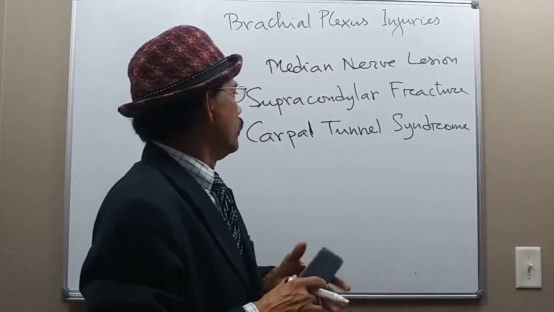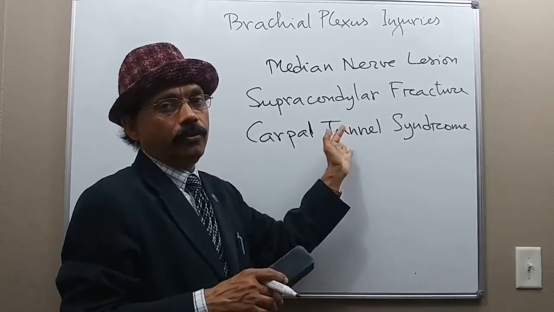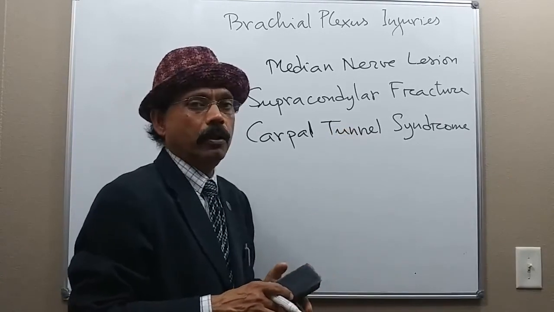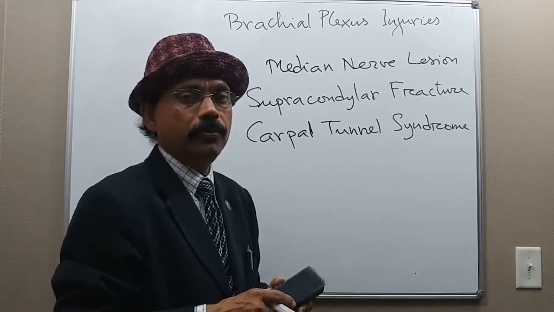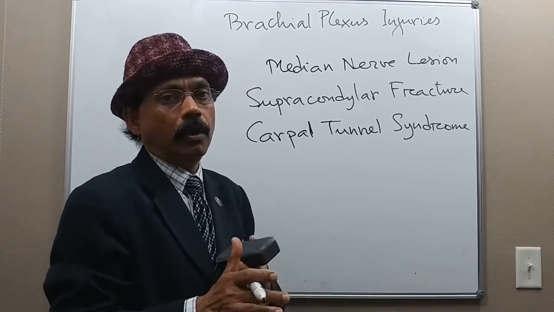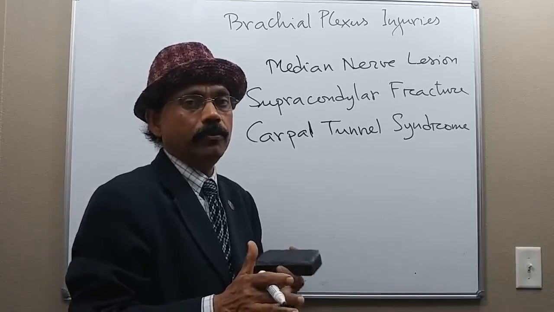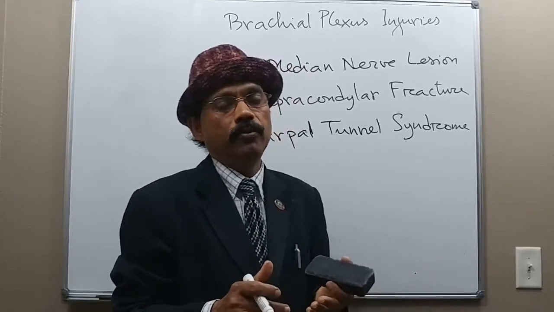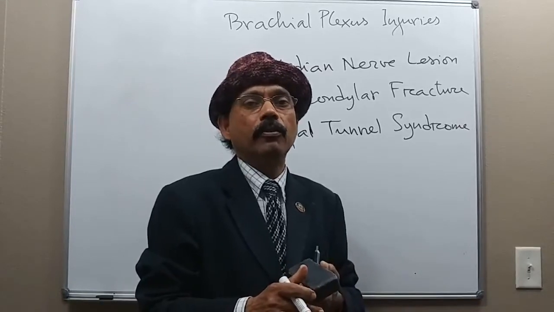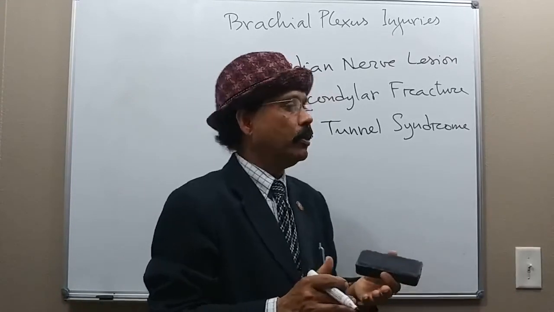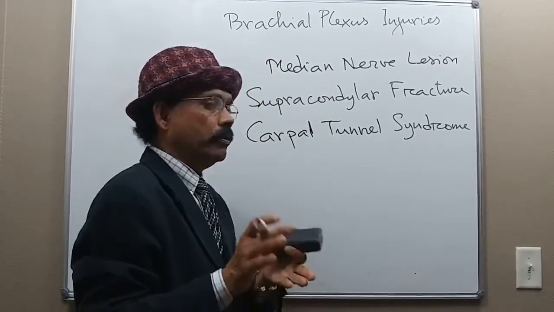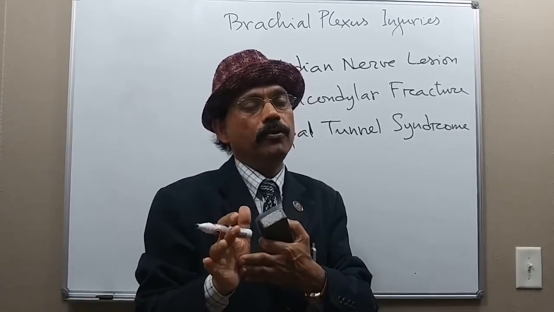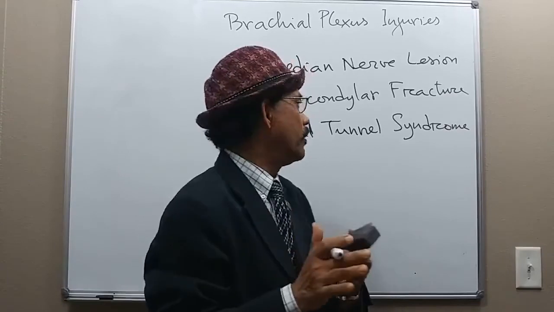Some intrinsic muscles will not get the innervation, especially the lateral two lumbricals, and some of the thenar muscles like abductor pollicis brevis, opponens pollicis, and the flexor pollicis brevis.